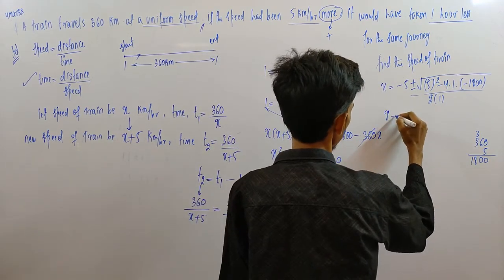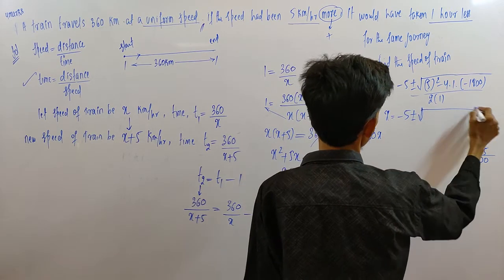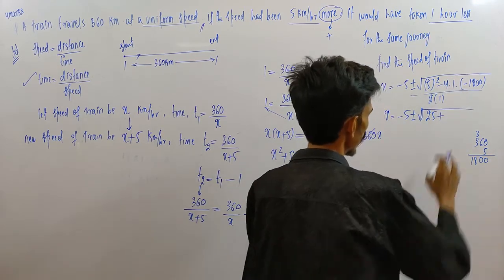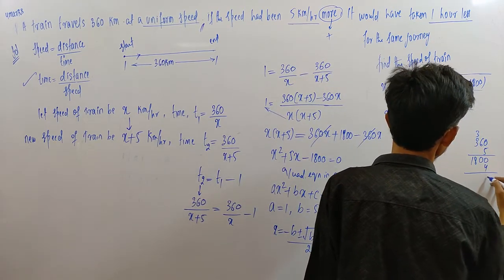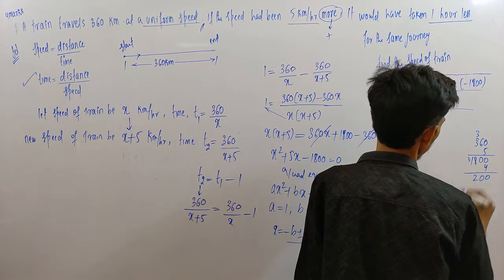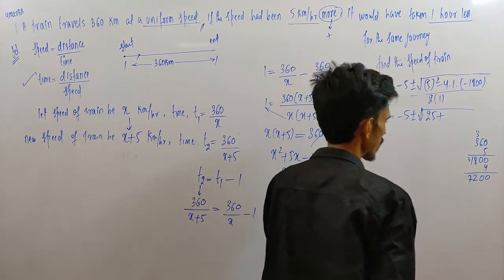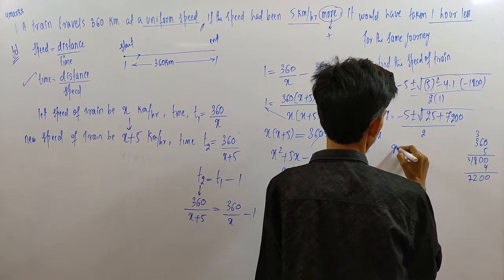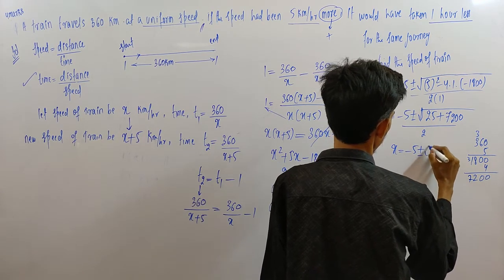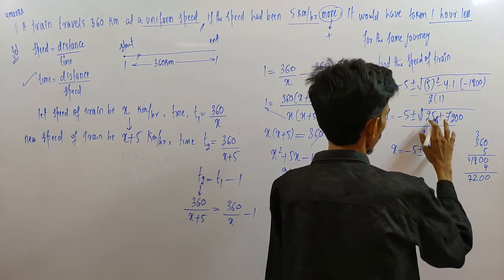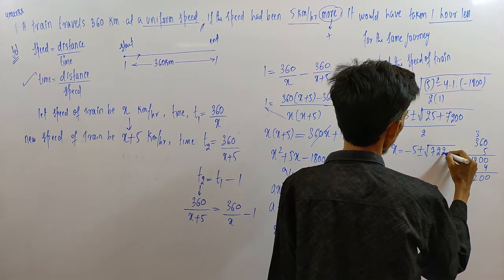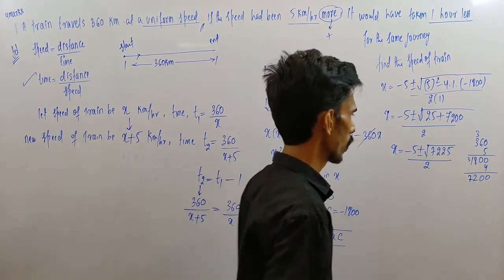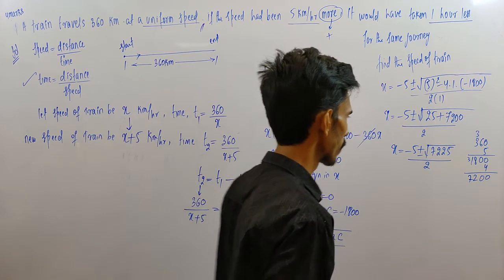Now we have 5 square is 25, plus, minus into minus plus, 4 into 1800, 7200. It will become 7225 divided by 2. We have to get the value of this square root.